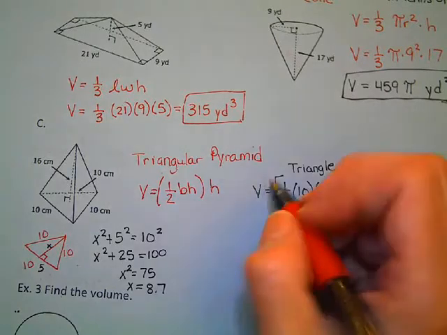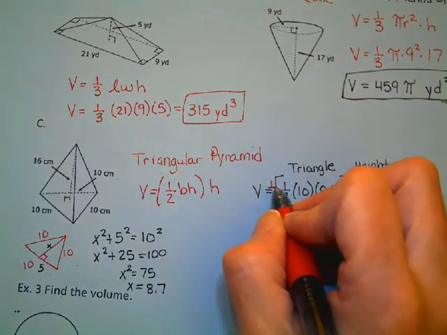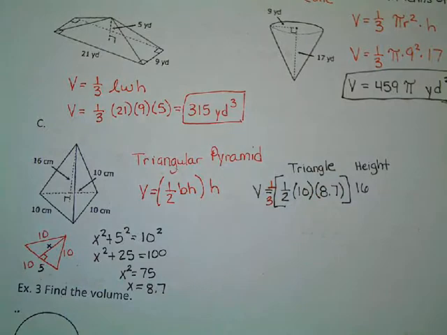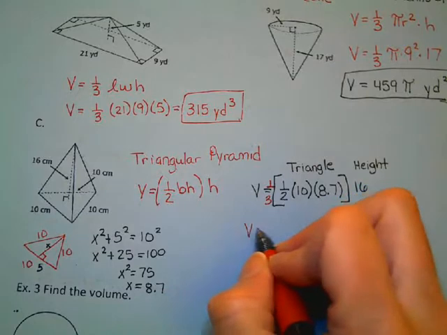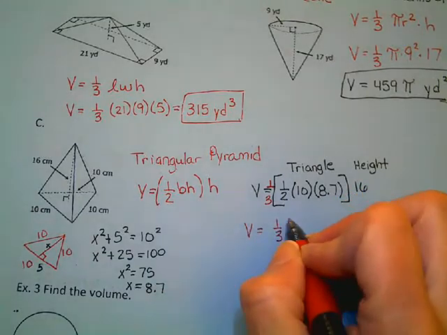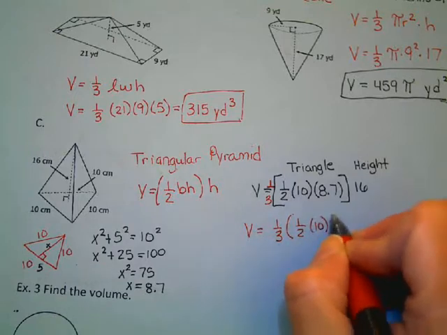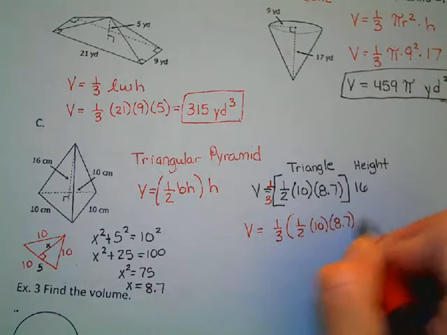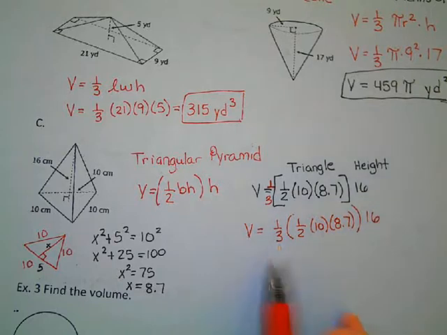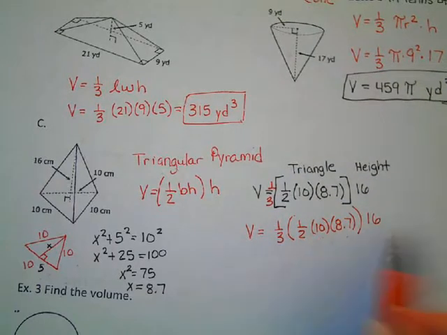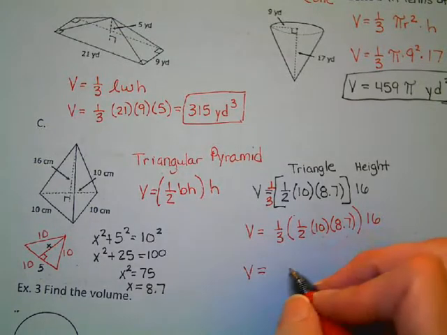We have to do the 1/3 because it's a pyramid, which means it goes to a point. So let's rewrite it: 1/3, the triangle part, and the height of the pyramid. And I got the volume is 232 centimeters cubed.